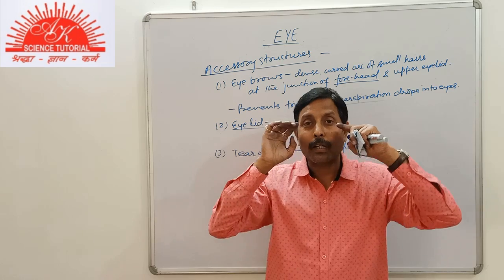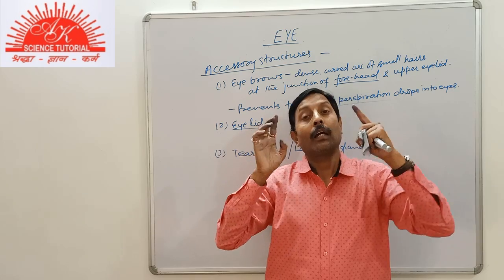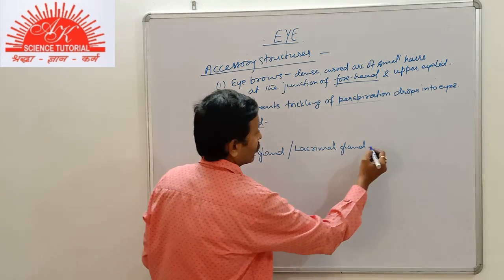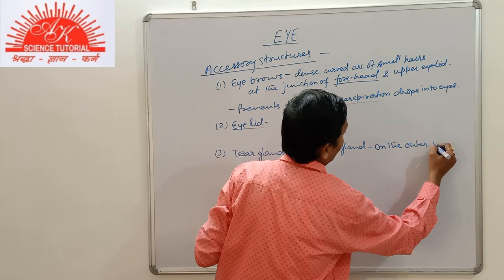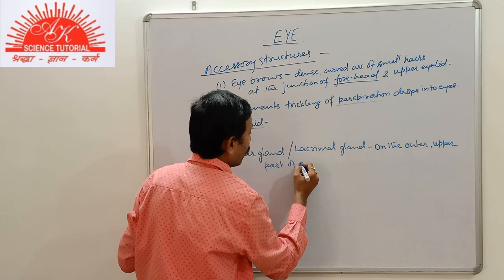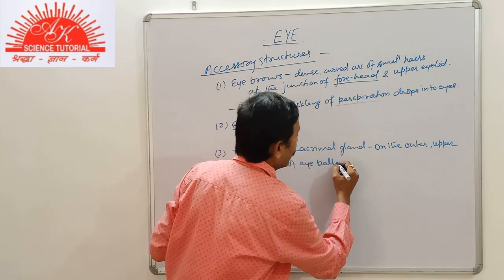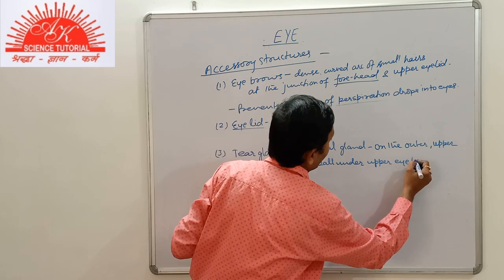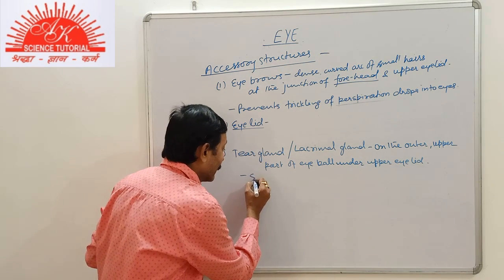So on the outer upper part of the eyeball, at this region, the tear gland is located, under the upper eyelid. Now as a function it secretes.